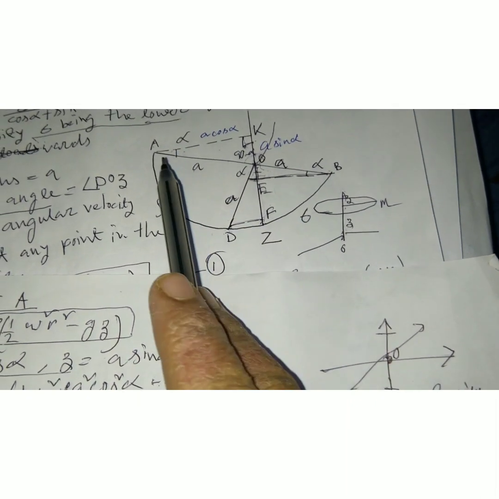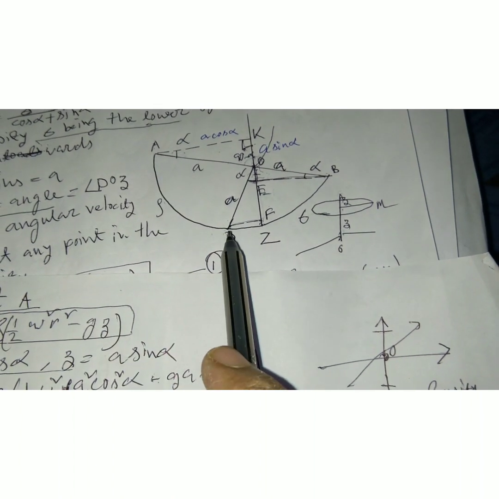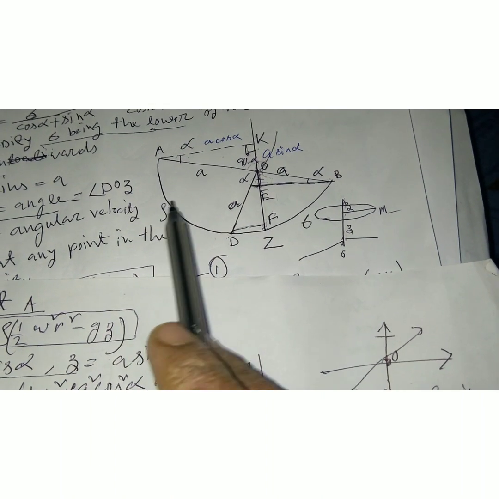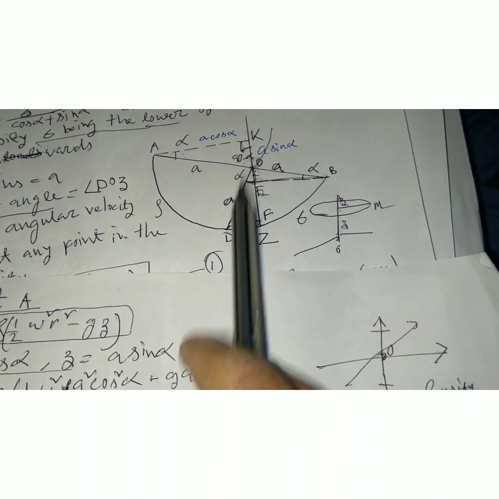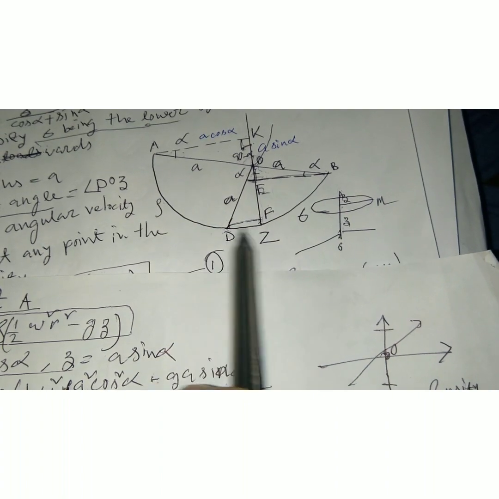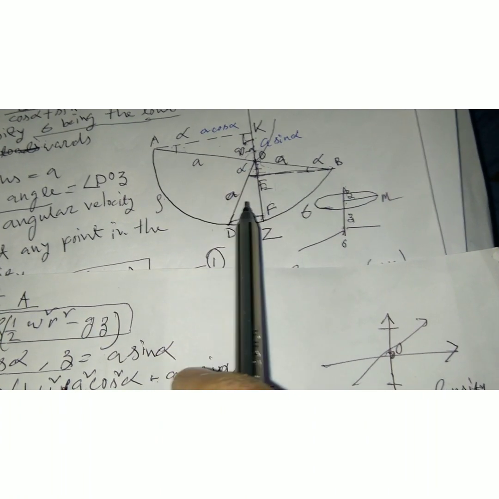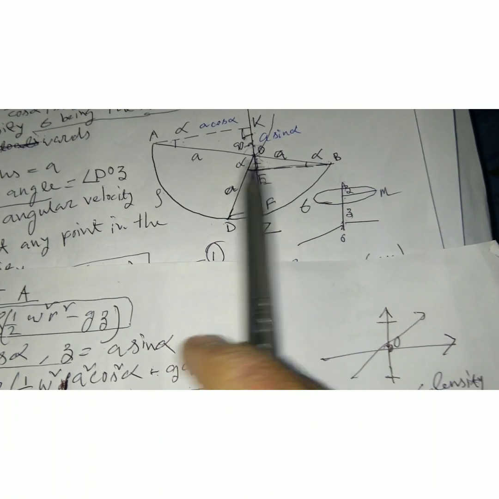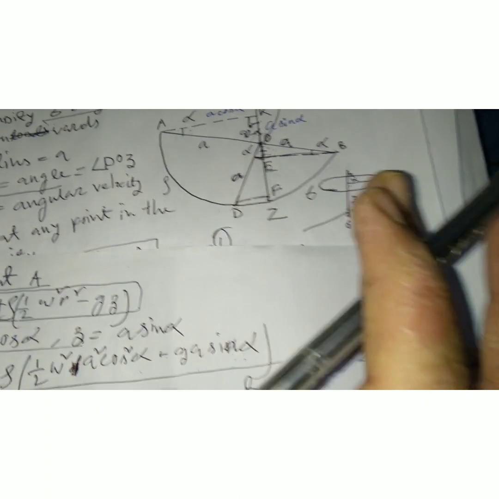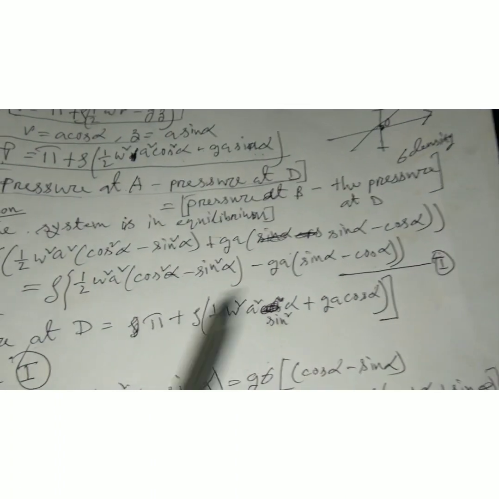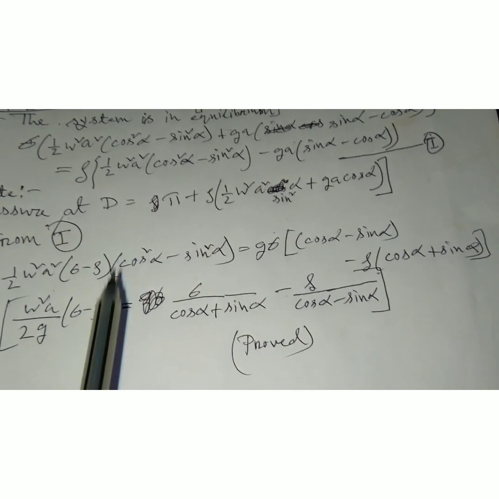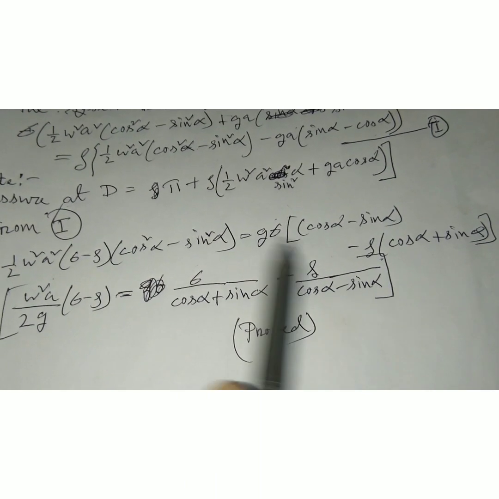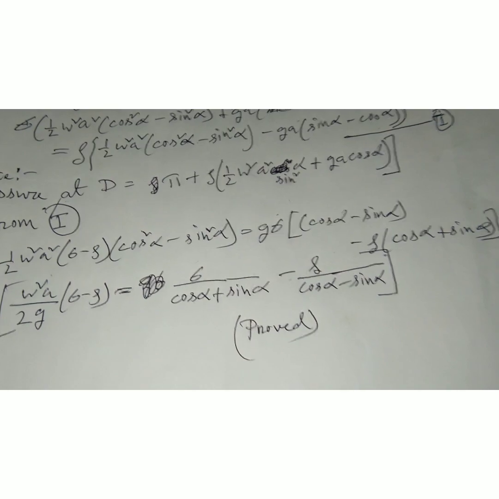After that you find the pressure at A and pressure at D with respect to rho density, and then you subtract these two pressures. Since the system is in equilibrium, they are equal. Pressure at B and pressure at D are both equal. That's why I get this equation by simplification. Thank you.